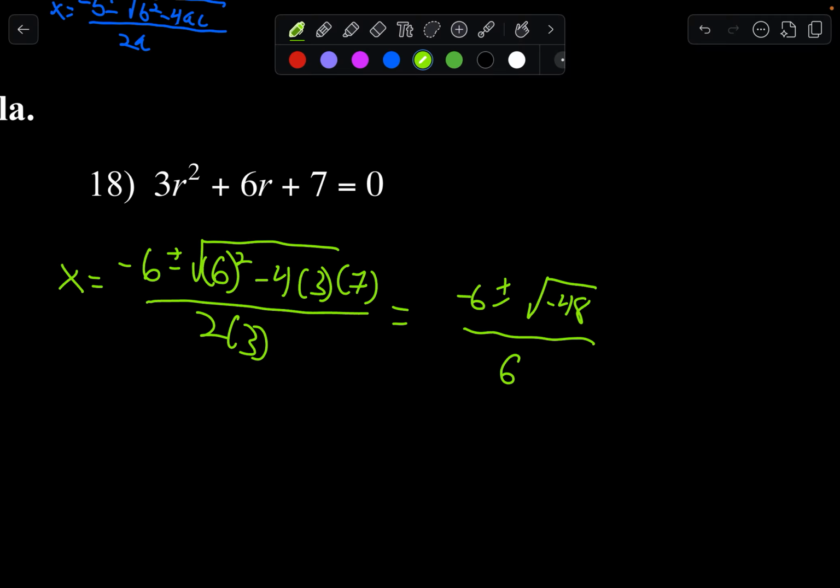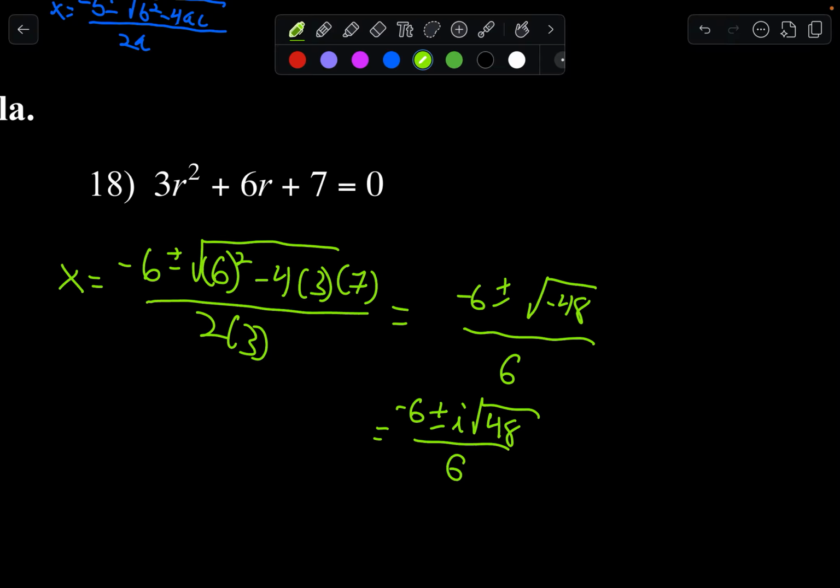And 48 is 6 times 7, I think. Right? No, 48 is not 6, 7. 48 is 6, 8. Sorry. And so it's imaginary because we have a square root of a negative. So it's negative 6 plus or minus i square root of 48 over 6.